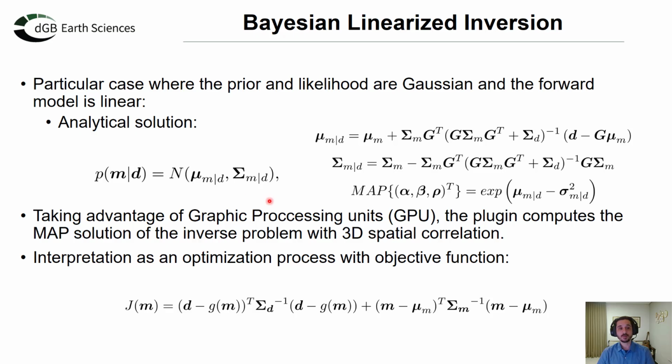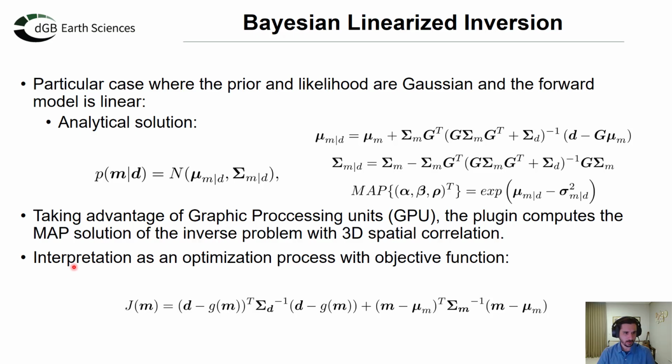Because it's an analytical solution, it's really fast. It's really easy, with very good computational efficiency to compute the solution. And taking advantage of GPU, the plugin computes the solution of the inverse problem with 3D spatial correlation in a very, very efficient way.